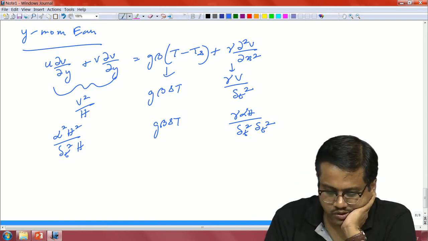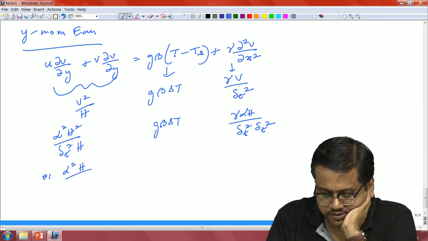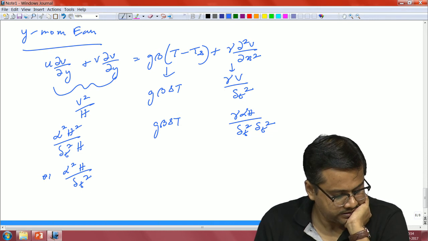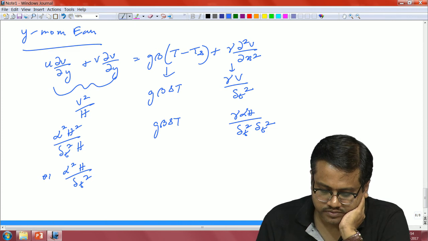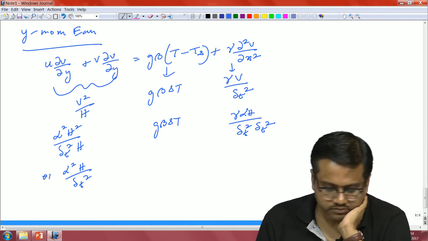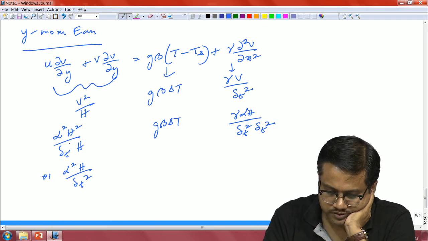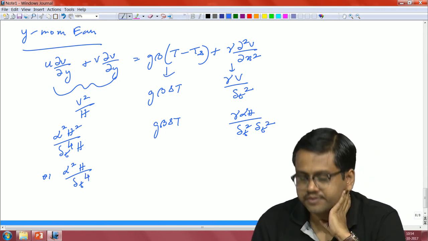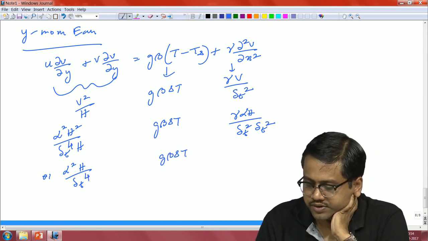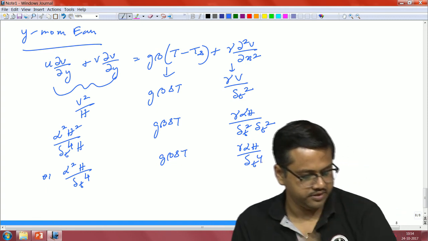Or we get alpha square h by delta t square. Sorry, this will be delta t to the power of 4, because this is g beta into delta t. This is gamma alpha h by delta t to the power of 4.